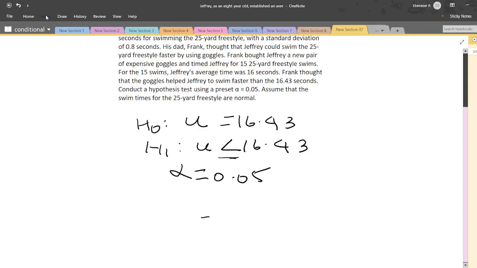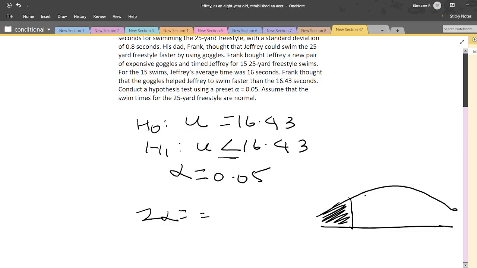I'll draw a graph over here. So this alpha region is going to be minus 1.645. This is a left tail test.